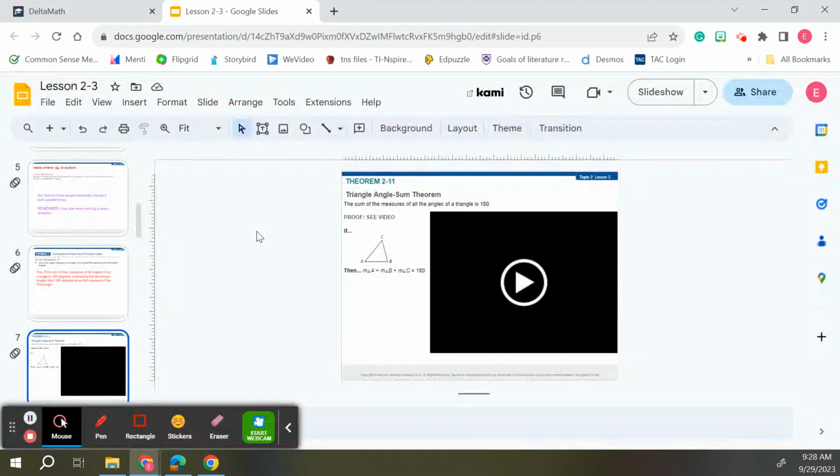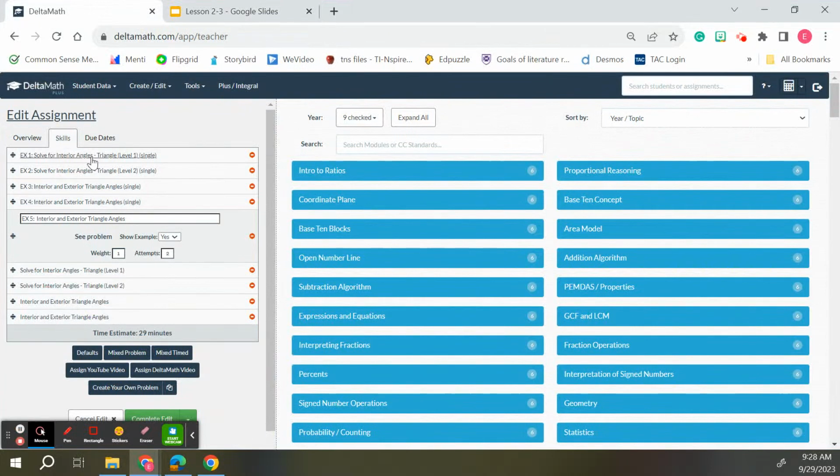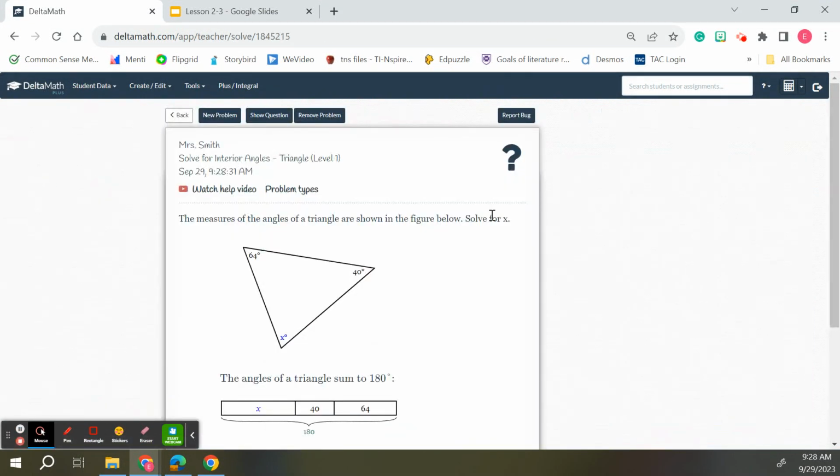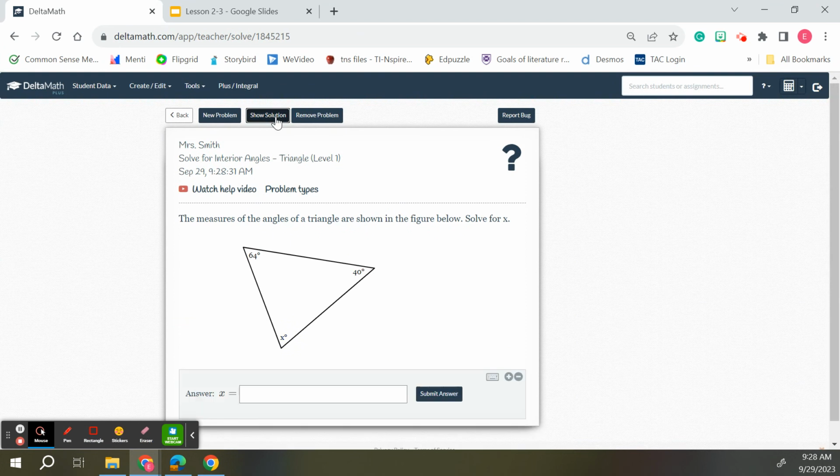So we're going to take a look at that first in our Delta Math. So take a look at example 1. It says the measure of the angles of a triangle are shown in the figure below. Solve for x. So we have 64, 40, and x.